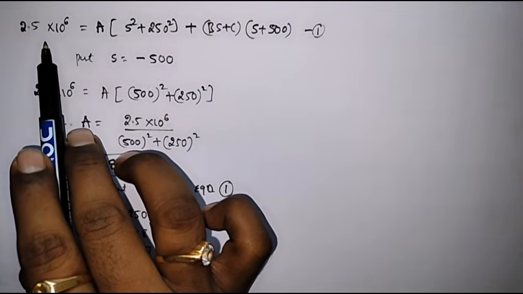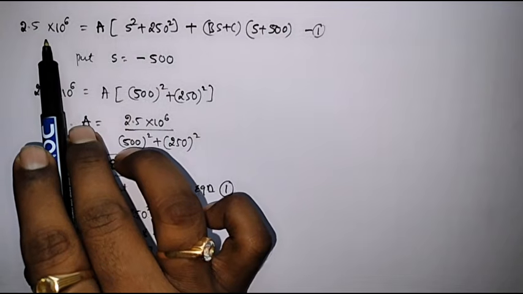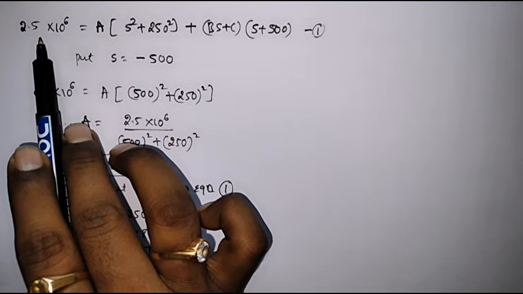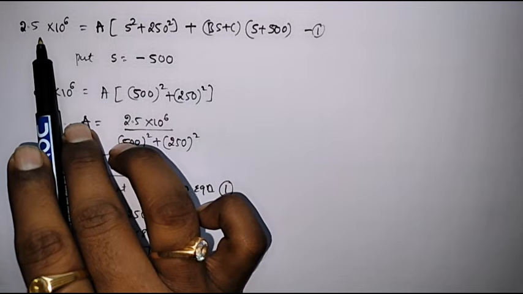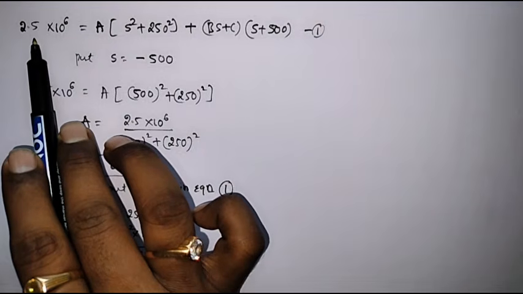now in this equation look at left hand side, there is only constant. Suppose the left hand side is of the form as square plus bs. In that case the coefficient of s square is 0 in this case, because here we have only constant term.